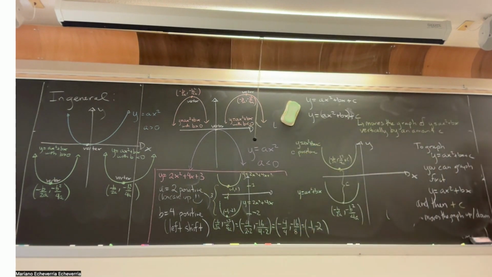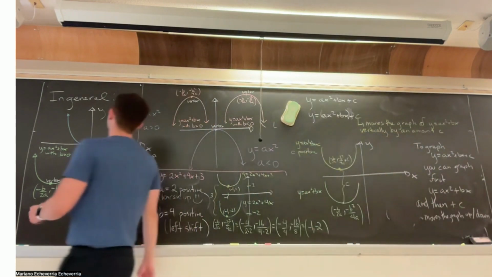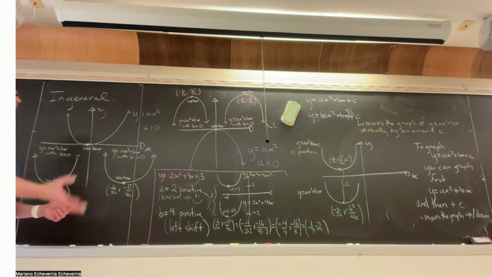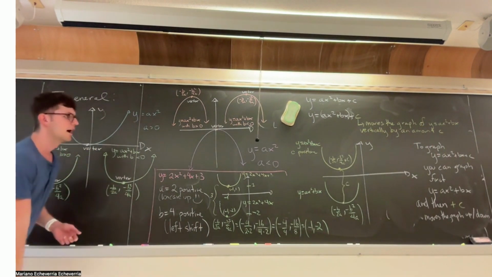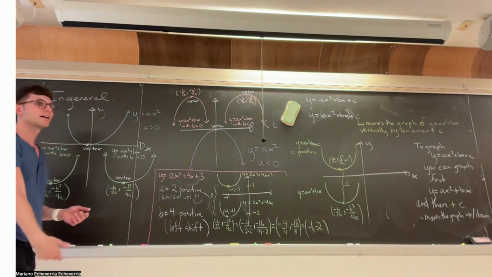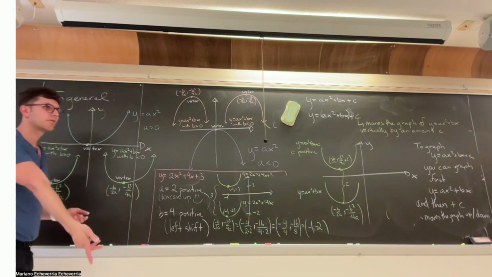Because once you have it, you can graph the rest of it, and for applied problems, that's usually also what you want to find. For example, there are problems in physics where you throw a rock in the air, and that is described by a parabola equation.